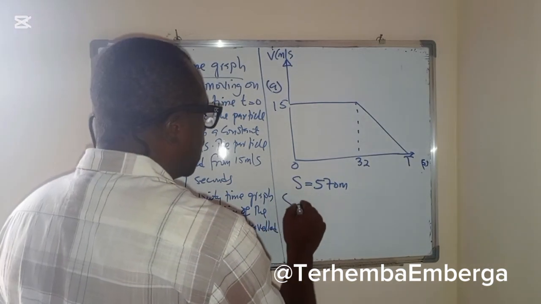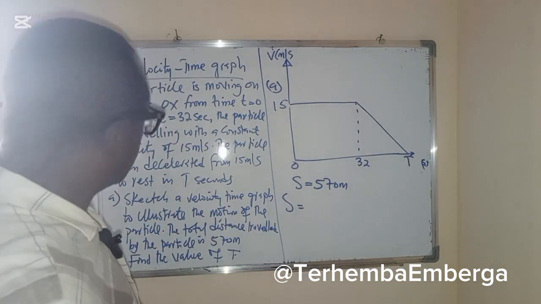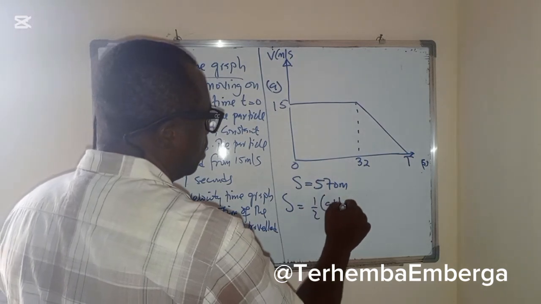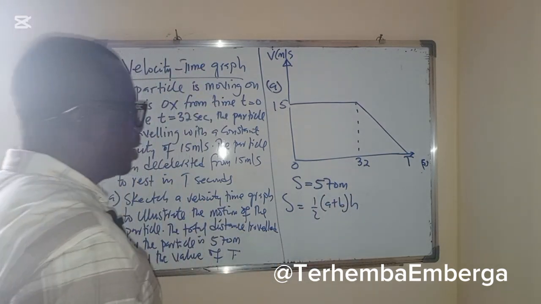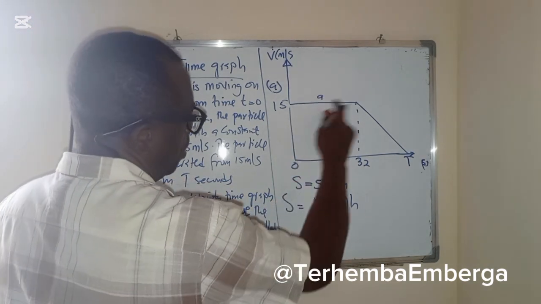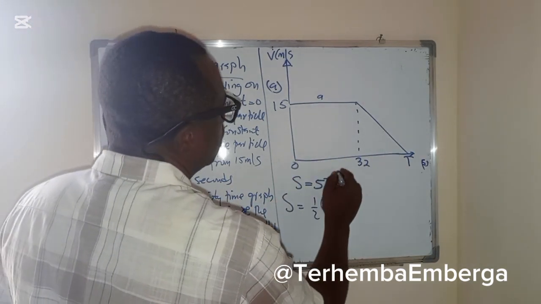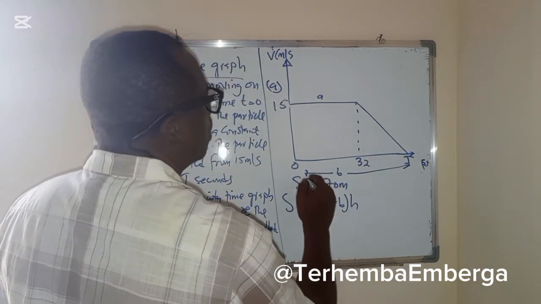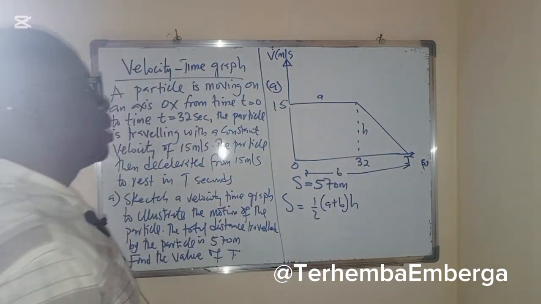So total distance in this regard becomes half a plus b times height. Now this is a, and this is b, the distance from here to here. And then this is our height.